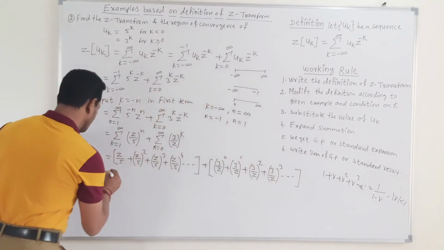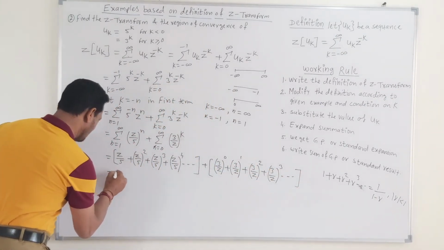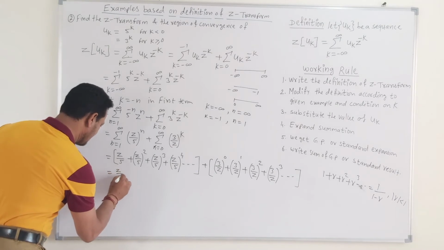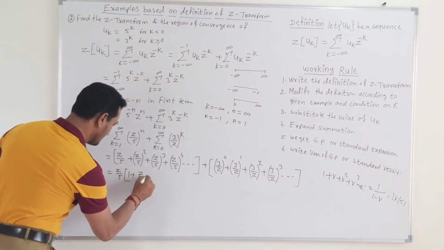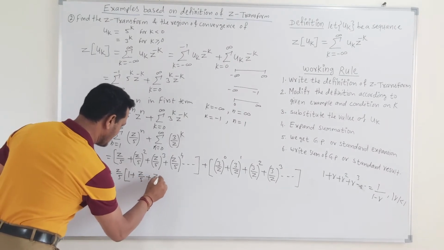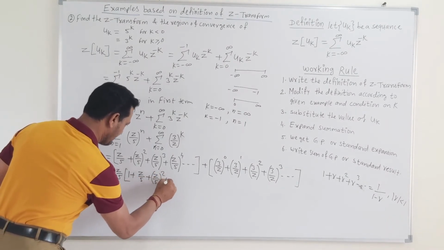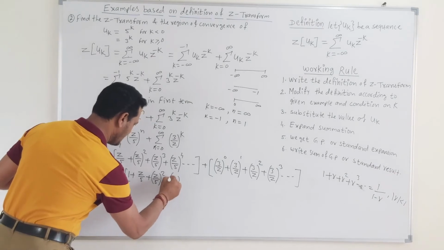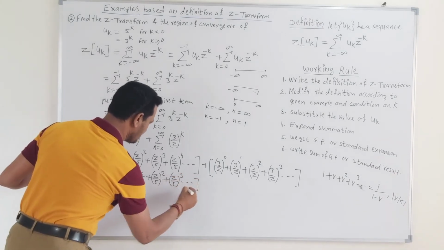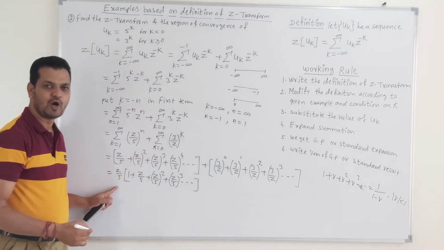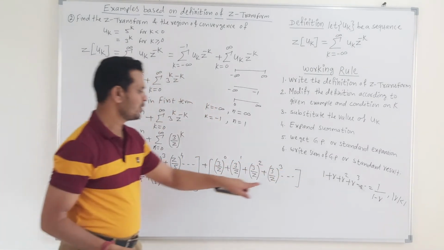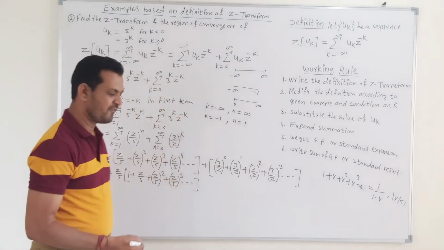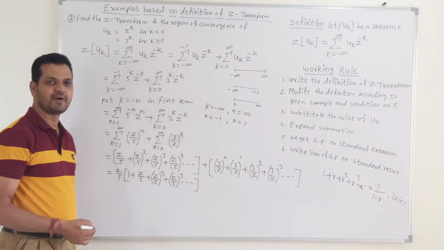So take z upon 5 common, and we can write this as z upon 5 times 1 plus z upon 5 plus z upon 5 its square plus z upon 5 its cube, and so on. We take z upon 5 common because for a geometric progression we require the first term as 1.